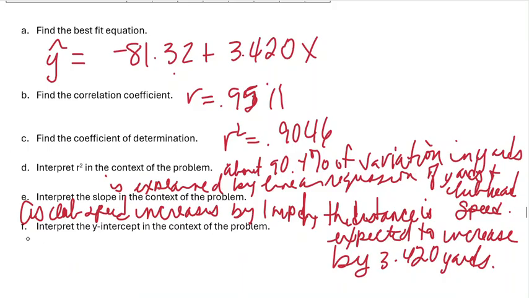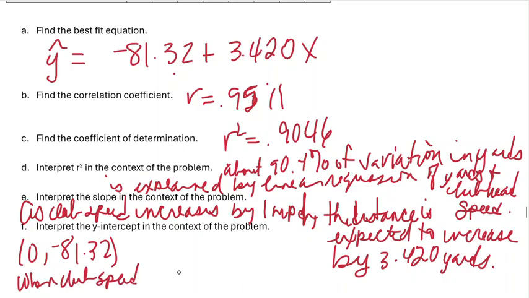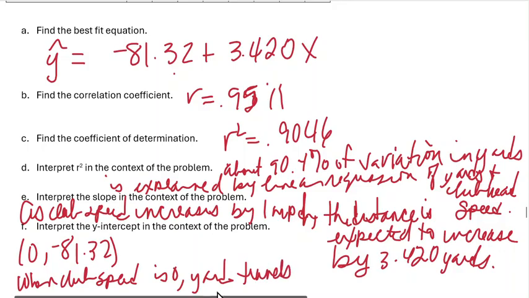The y-intercept in this problem is negative 81.32, and interpret it in the context of the problem. Well, that one, again, doesn't make sense that your yards would be negative 81. So when club head speed is 0, yards traveled is negative 81.32 yards.